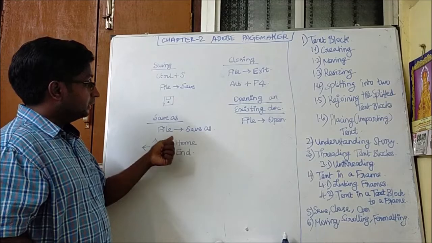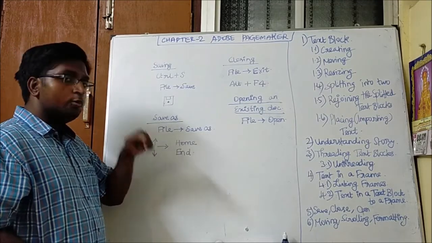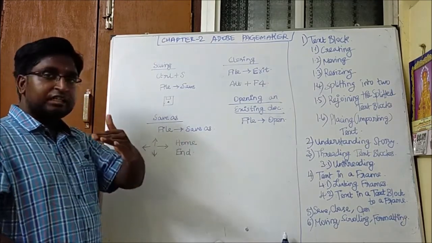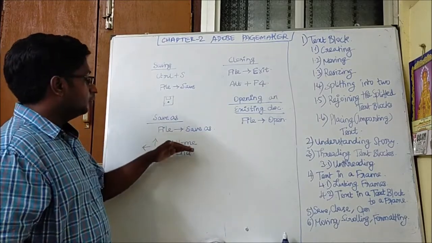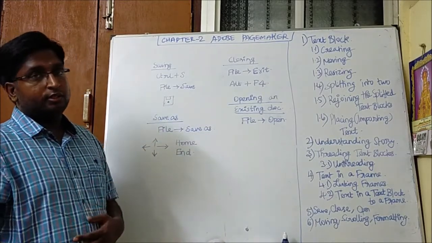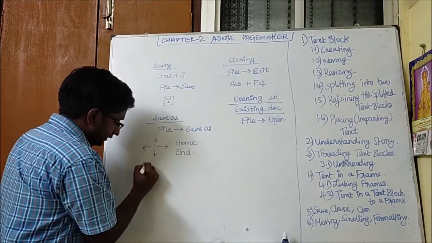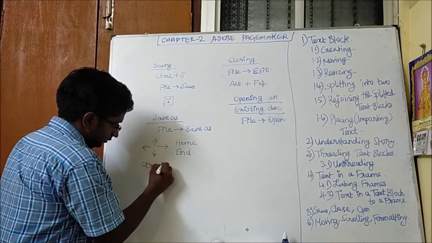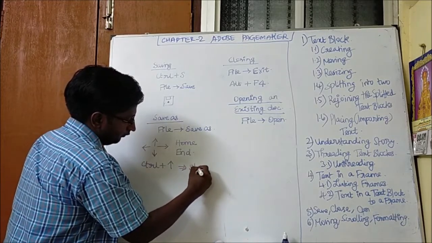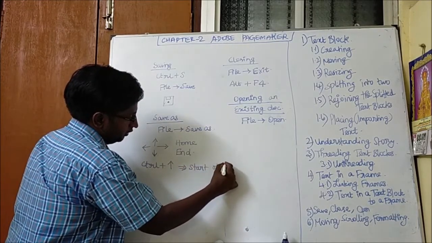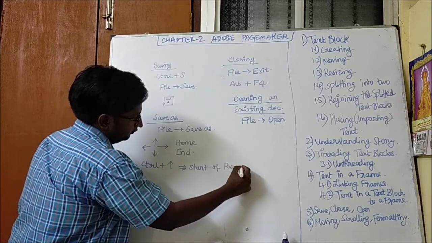Whereas when you simply press the Home key, it will go to the start of the line. When you press Control plus Home, it will go to the start of the document. Control plus up arrow, start of the paragraph.